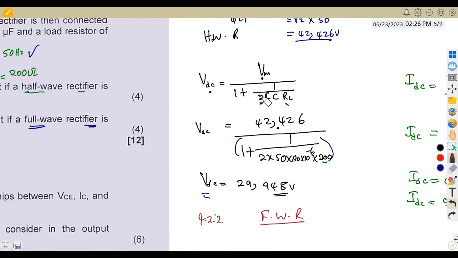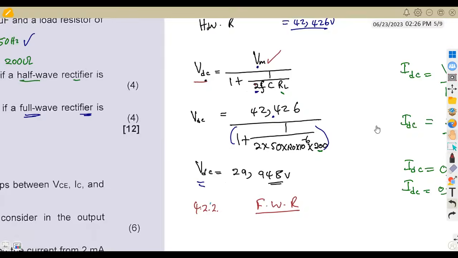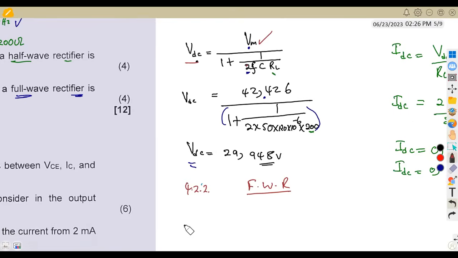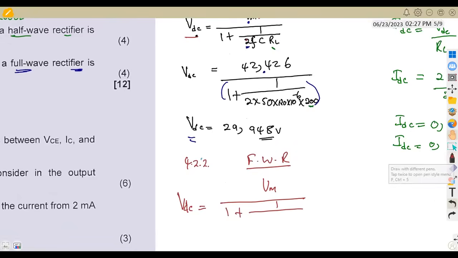So this part, we already calculated our VM, so we're not going to repeat that. We are just going to have our formula for the output now. Our formula for the output VDC is going to be given as VM over 1 plus 1 over 2 times 2FCRL, which is a 4 now.